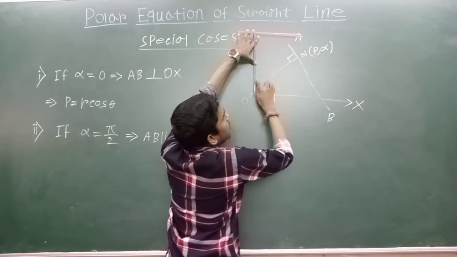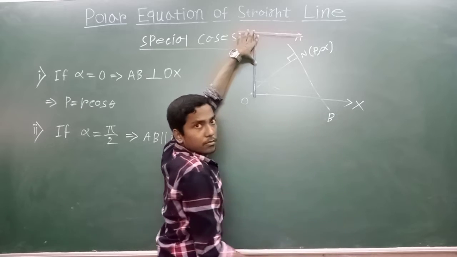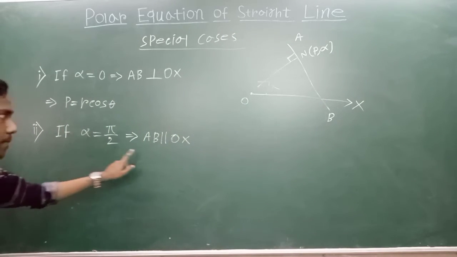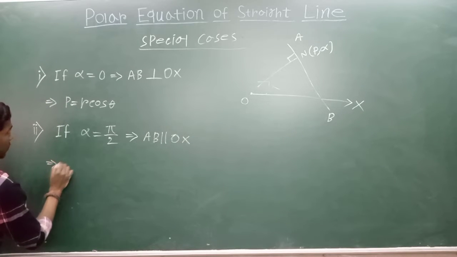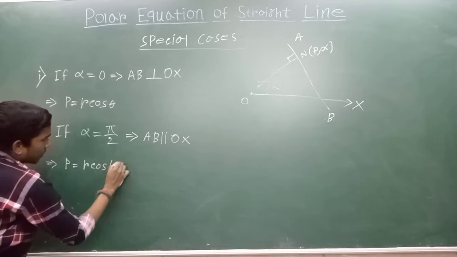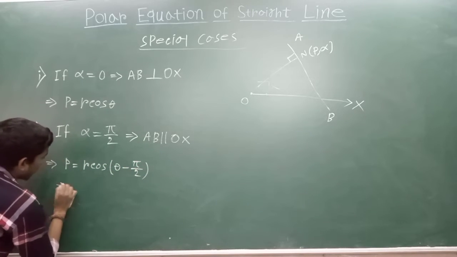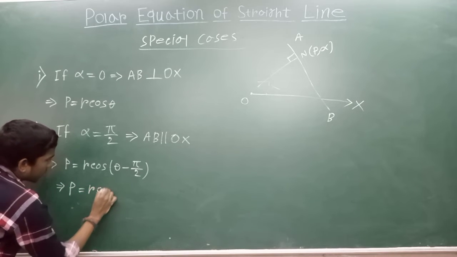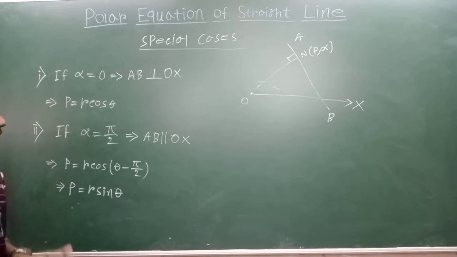So if alpha becomes 90 degrees, then this straight line AB is parallel to the initial line OX. So thus if alpha becomes pi by 2, then the straight line is parallel to the initial line. Thus the equation will be P is equal to R cos of theta minus alpha, alpha is pi by 2. From here we can write P is equal to R sin theta. Okay, so these are two special cases you have to remember.